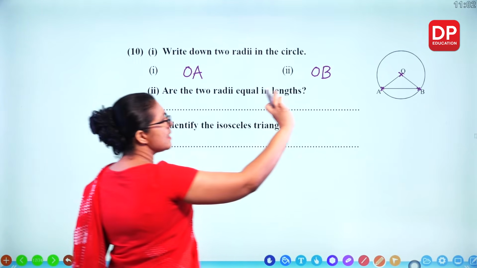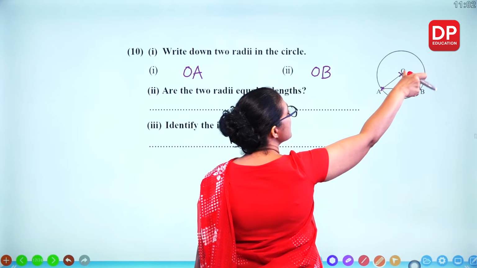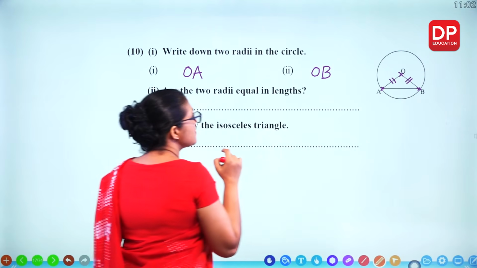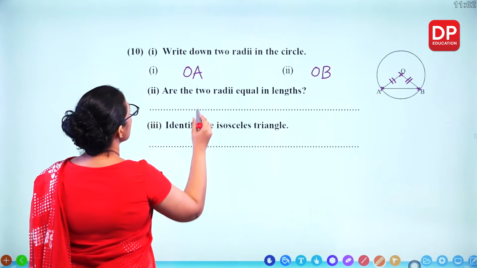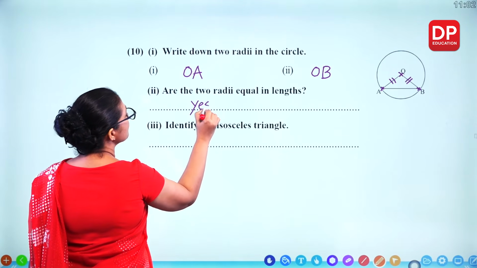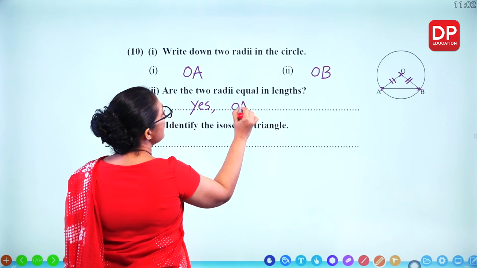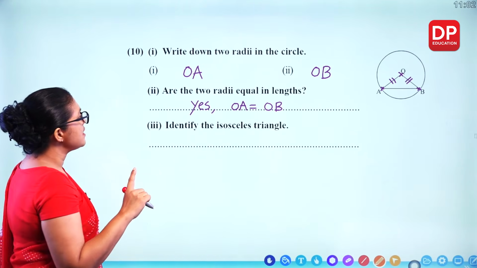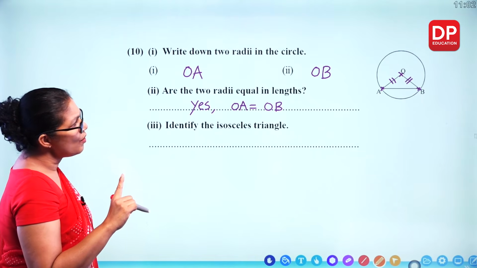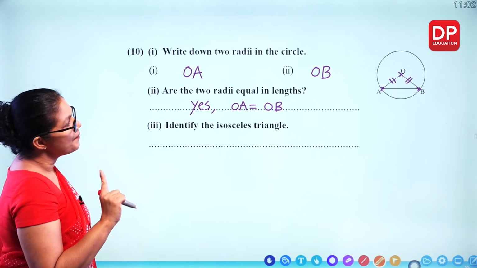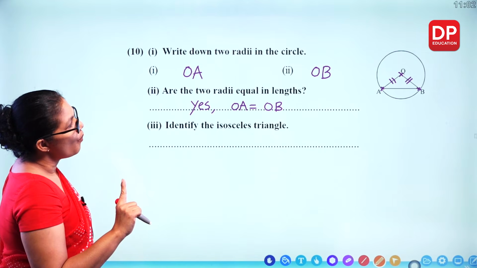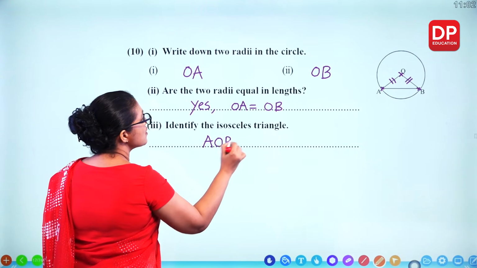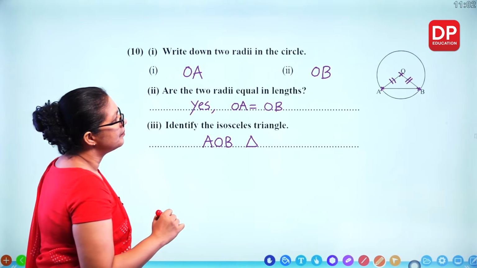Yes, when you take the compass to draw the circle, this length is equal to this length. Yes, OA is equal to OB. Identify the isosceles triangle now. 2 lengths are equal there. So AOB. AOB is an isosceles triangle.